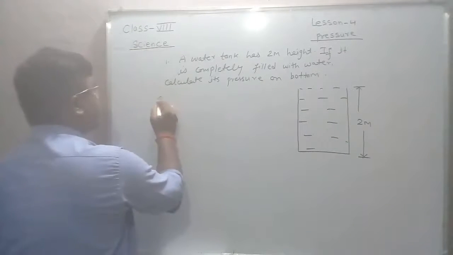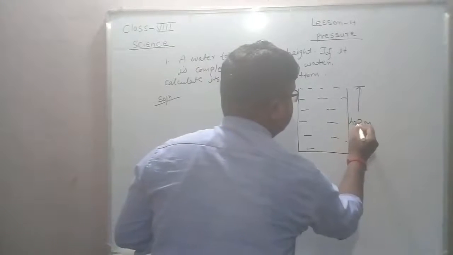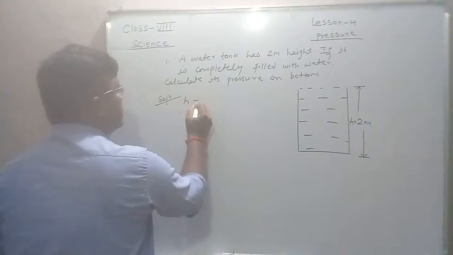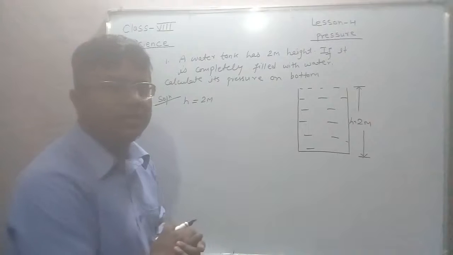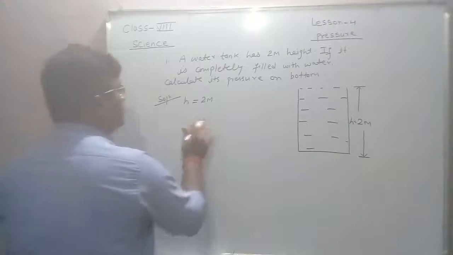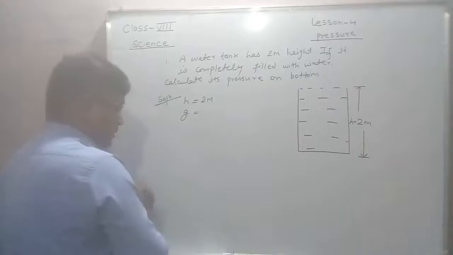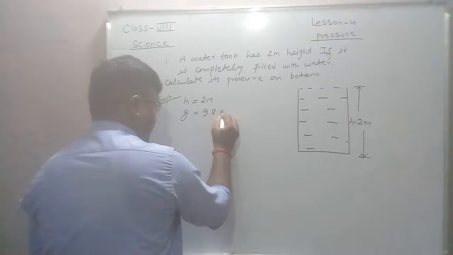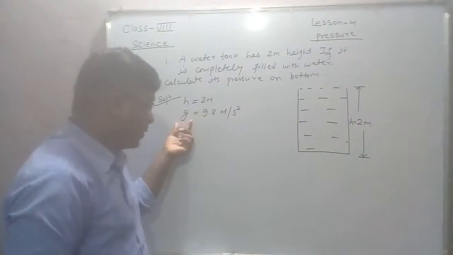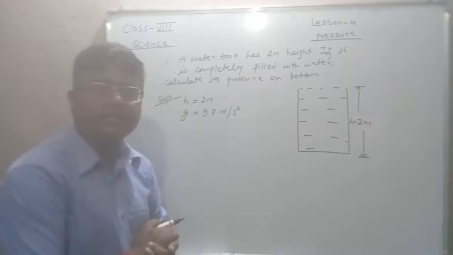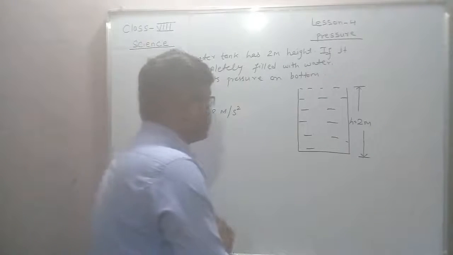So the given things: you can take this as H. The height of the liquid column is 2 meter. Please mention it properly. Similarly, the value of acceleration due to gravity, I have written the short form G, so G means acceleration due to gravity, that is 9.8 meter per square second.